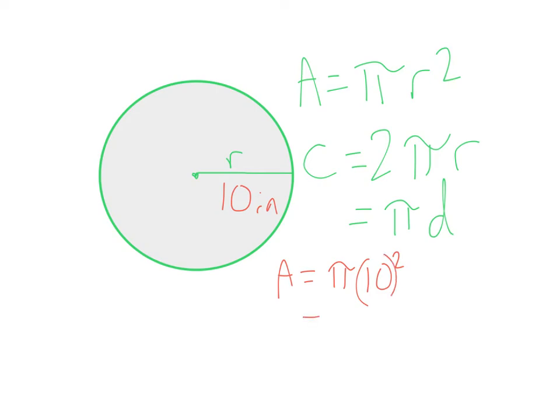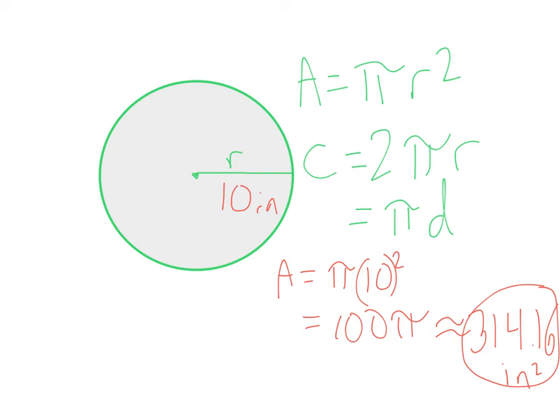That's 100 pi. Nice. Or approximately, well, pi times 100, 314.16. There we go. And that would be inches squared.